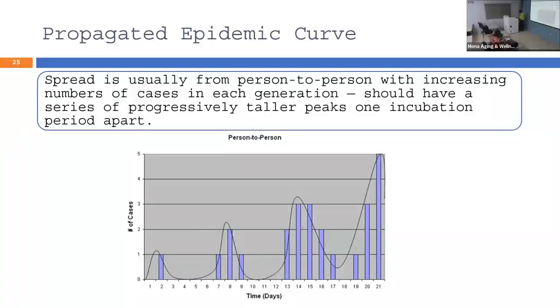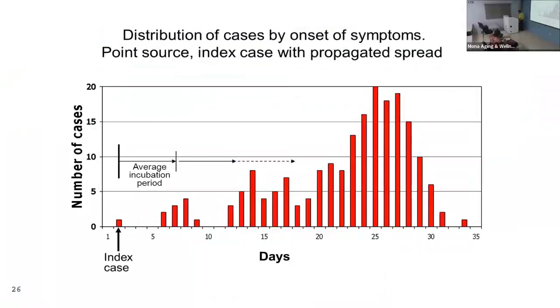And we have a chart. So this one is kind of a mix where you have point source, you have the index case, and when the person goes home and spreads it within the family, that will be like a point source.